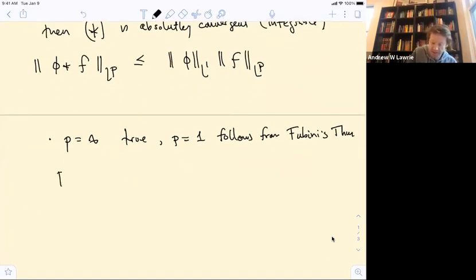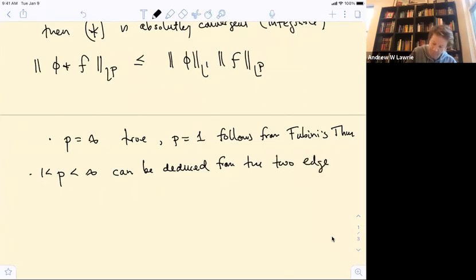And then for p in between 1 and infinity, it can be deduced from the two edge cases via what's called the Riesz-Thorin interpolation theorem.